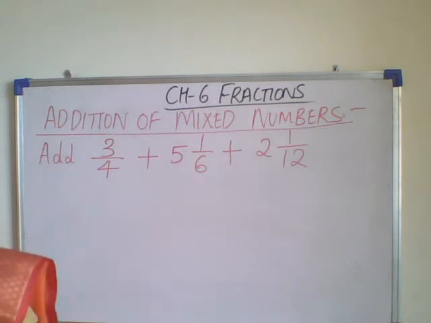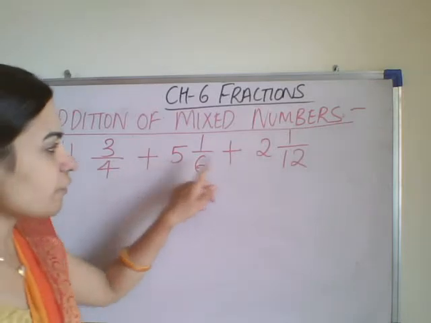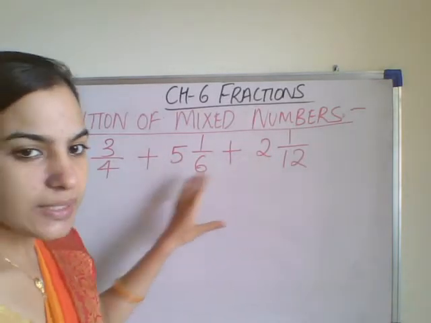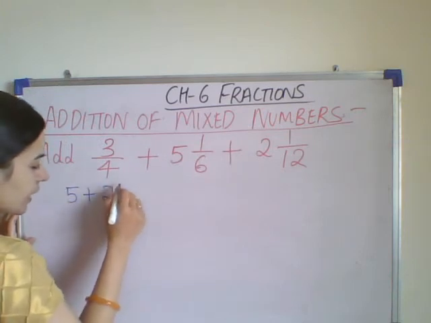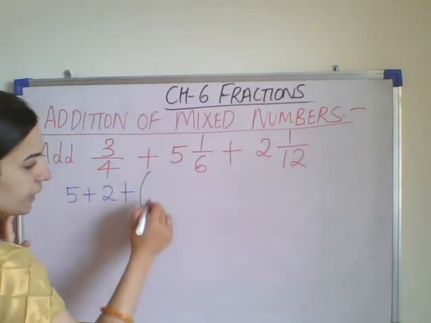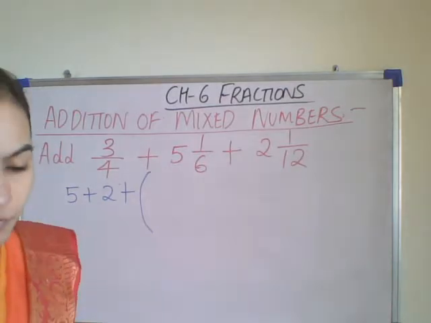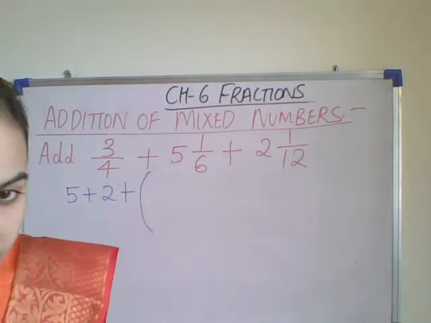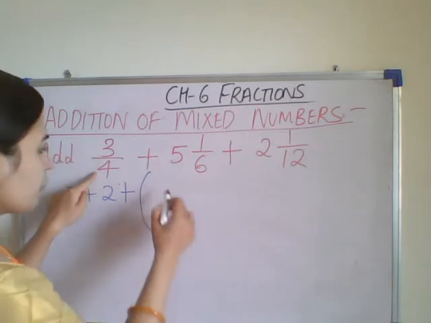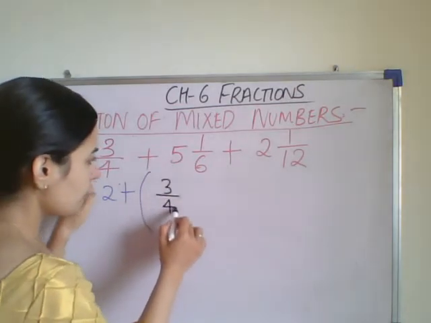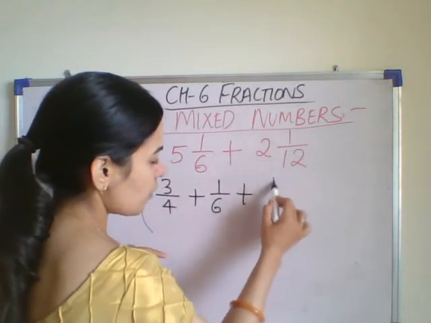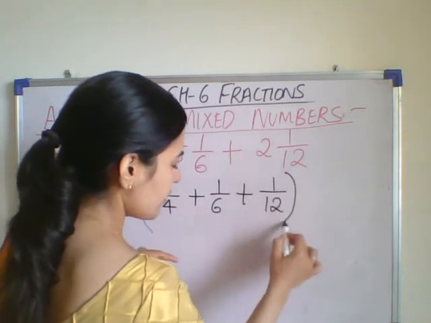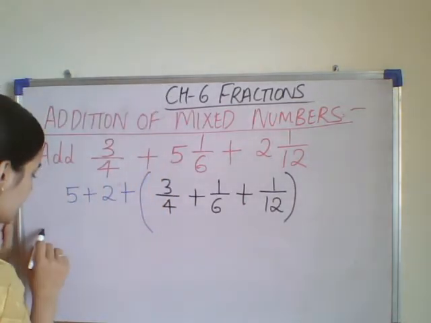So first of all, what will we do? 5 and 2, the whole numbers, you will write separately. So I will write here 5 plus 2 separately, and in brackets I will write the fractions. So what is the first fraction? 3/4. I have written 3/4 plus 1/6 plus 1/12.